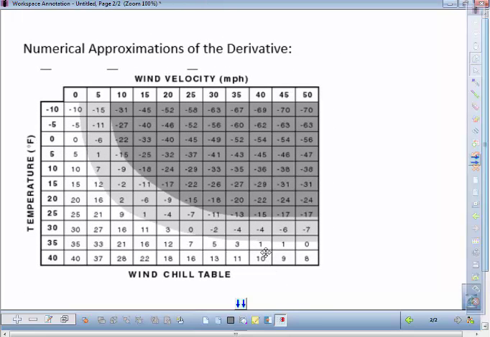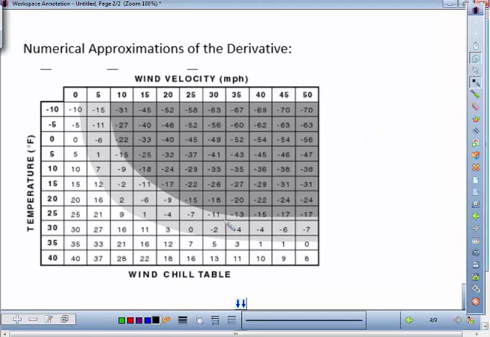So we can write this wind chill, should we call it C for chill? Looks like a pretty chill table. And the T for temperature, and the V for velocity.